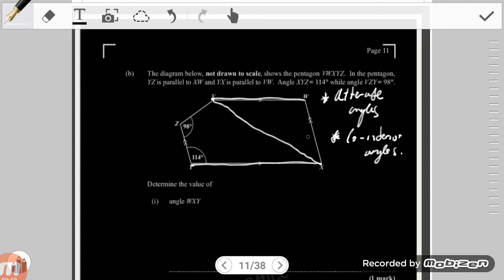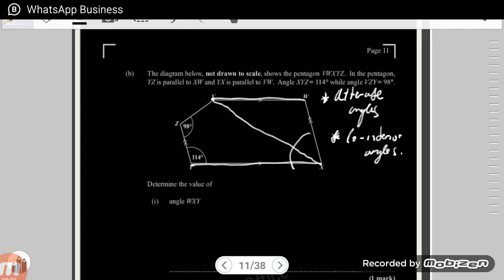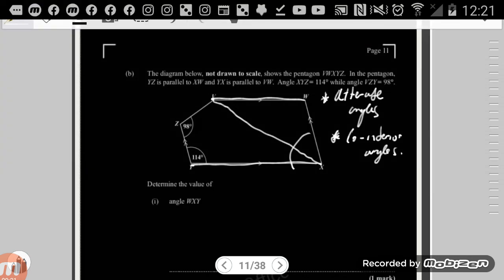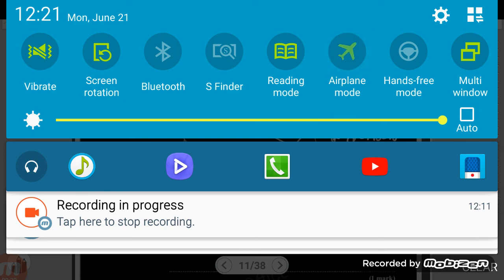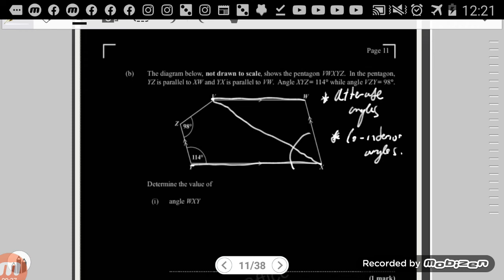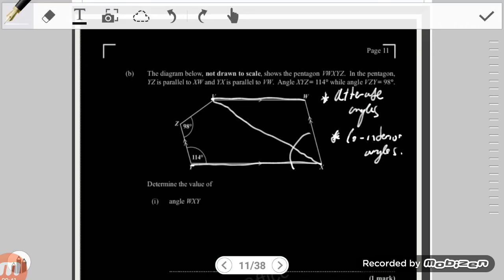So I could have that Z-looking thing here. I have a line that's running through the angle that I need, and you cannot assume that it's running through the middle. So we don't know what that is. We're just exercising all the different things, because the first clue here is alternate angles.